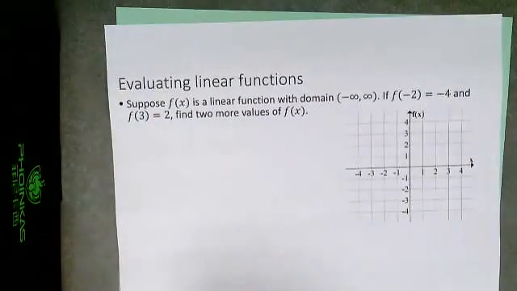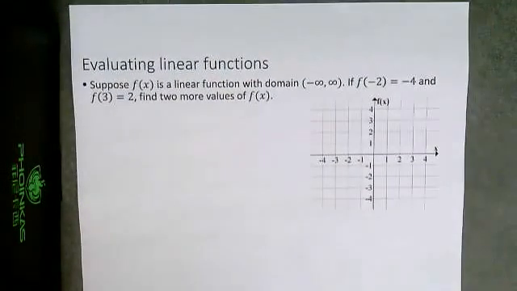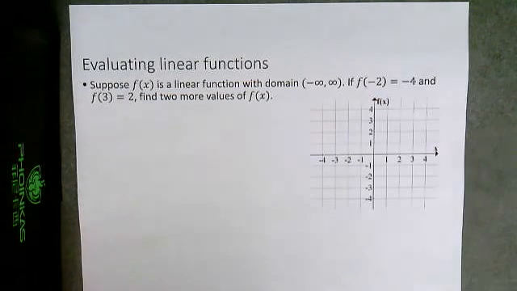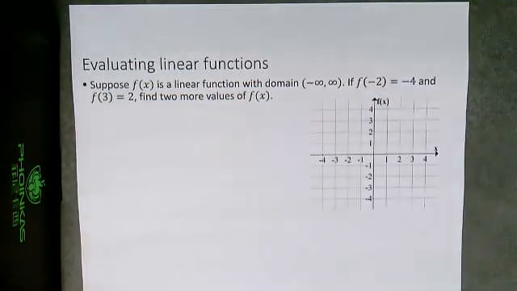So let's go on to actually evaluating some linear functions. Suppose f of x is a linear function with domain negative infinity to infinity. And suppose that f of negative 2 is equal to negative 4, and f of 3 is equal to 2. Find two more values of f of x, right?